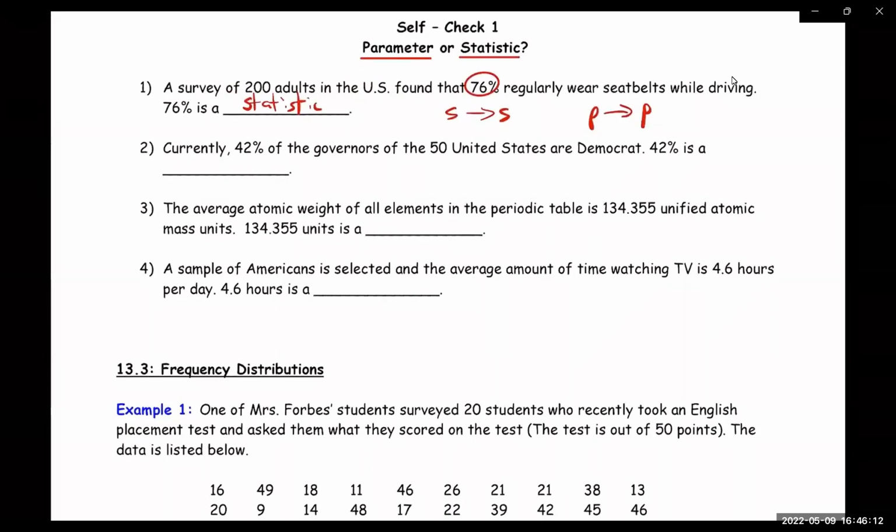Currently, 42% of the governors of the 50 United States are Democrat. So what do we think? Is this a parameter or a statistic? Is it describing the population or the sample?